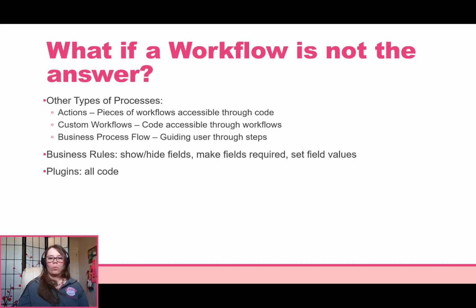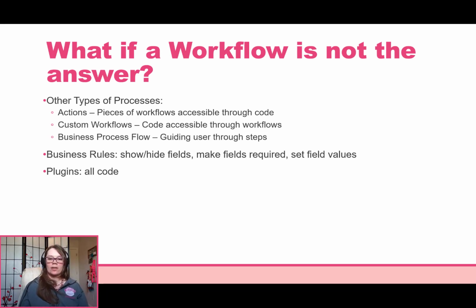And sometimes workflows might not be the answer. So this is where our other processes came in that we talked about. Actions, where you could have pieces of your workflow that are accessible through code or accessible through Power Automate, through flows. You can call actions there as well. Custom workflows. So these are code that are accessible through workflows, which we'll look at a little bit in the steps and custom steps section coming up next.